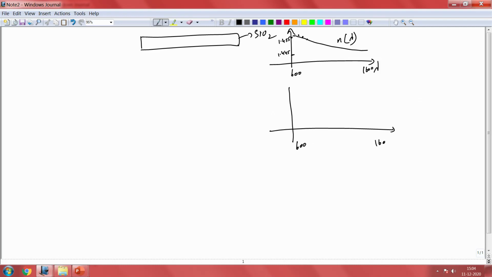It would look something like this. This is the group index Ng, and this is just n, the refractive index.